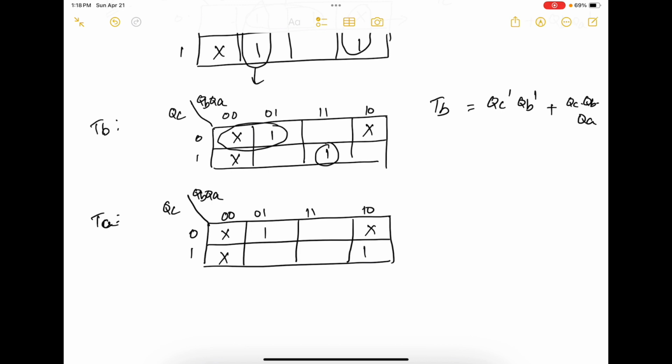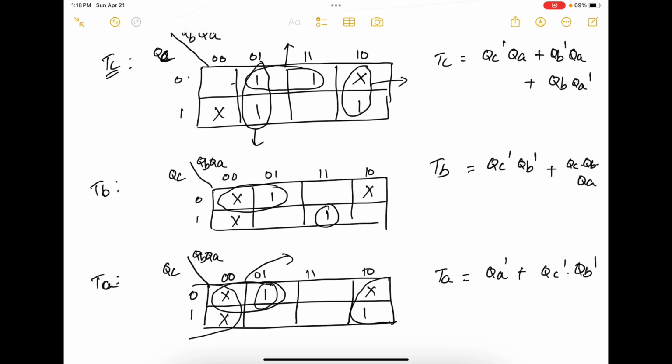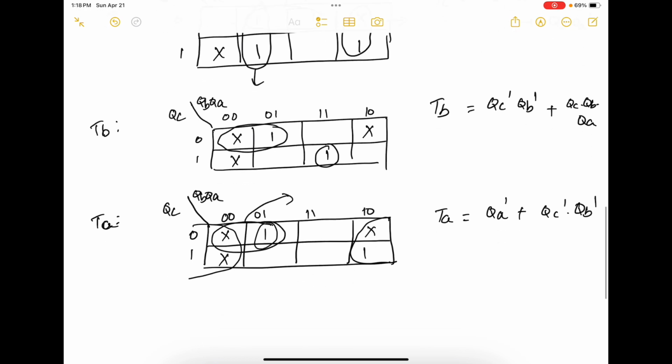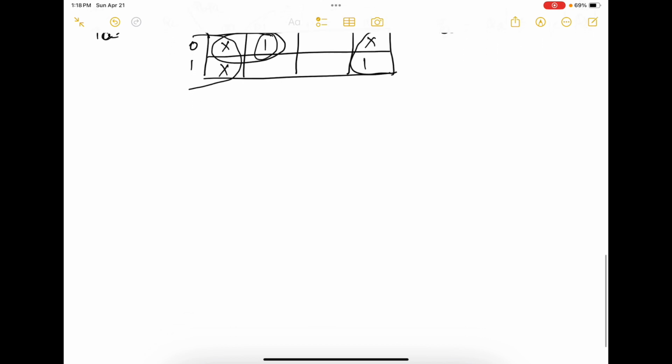So your TA equation would be this grouping here, which is QA prime, or this grouping here, which would be QC prime and QB prime. So those are the equations for TC, TB, and TA. And then you can construct the circuit diagram using the three equations.